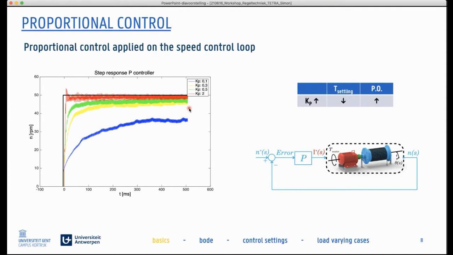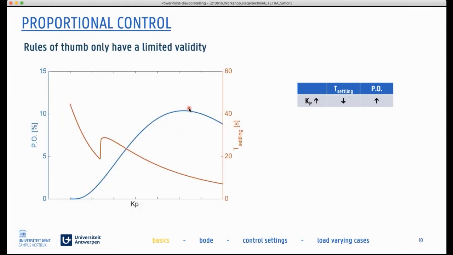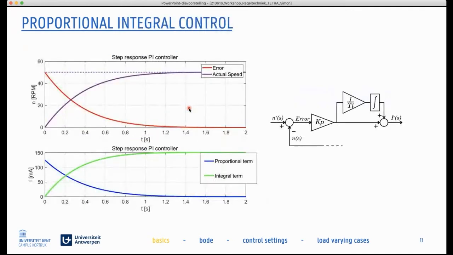Of course, we want to avoid such situations, and that's why we add an integral control to our proportional control. An integrator integrates, you may remember that from math classes, but we want to avoid difficult math here as much as possible. Actually, what an integrator is doing is summing up. So you see here the error in red.